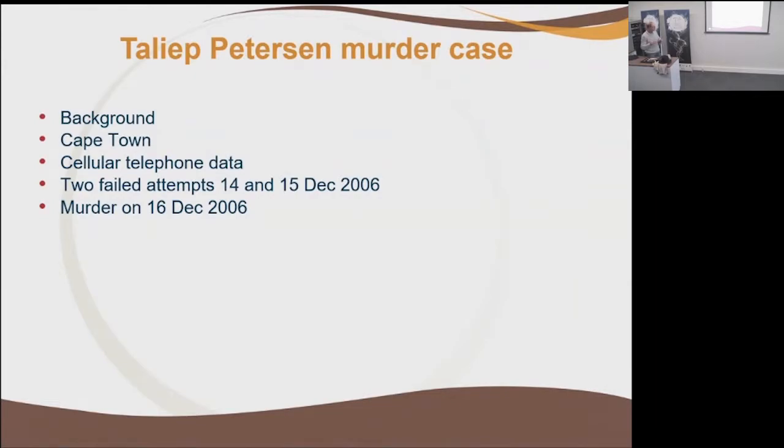There were two failed attempts on the 14th and 15th of December 2006 because, funny enough, the vehicle of the hitmen they hired didn't want to start. So they couldn't get to the place to do the hit. He was very cross and so forth. Then, unfortunately, on the 16th of December, they got another guy in, and he managed to murder him.